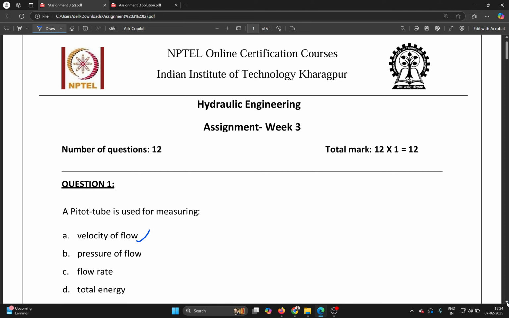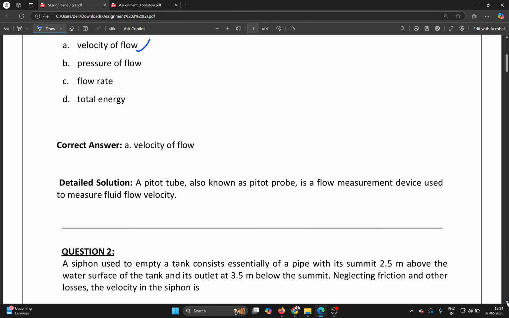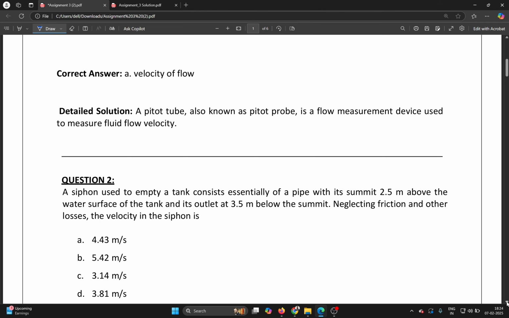Next question, a very important question. A siphon used to empty a tank consists essentially of a pipe with its summit 2.5 meter above the water surface of the tank and its outlet at 3.5 meter below the summit.